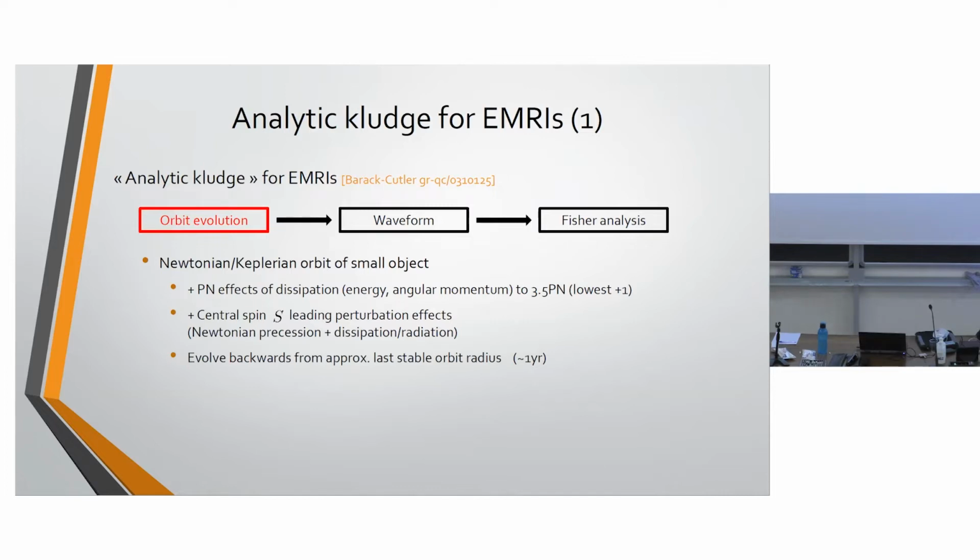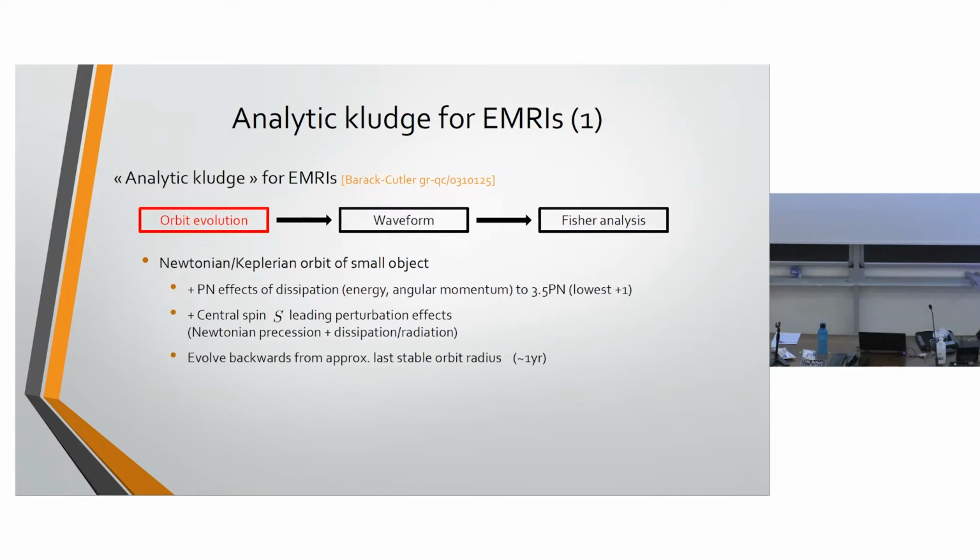So that's what I want to do, right? I want to look at an EMRI, which is a supermassive black hole with some smaller object orbiting around it. To do this, I'm going to be relatively quick. I'm going to use what's called the analytic kludge, or kludge, I have no idea how to pronounce it, for EMRIs, pioneered by Barack and Cutler.